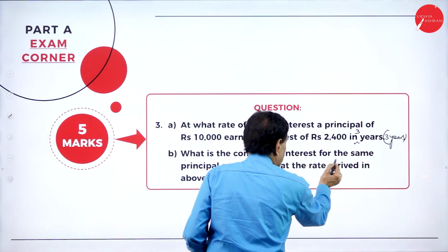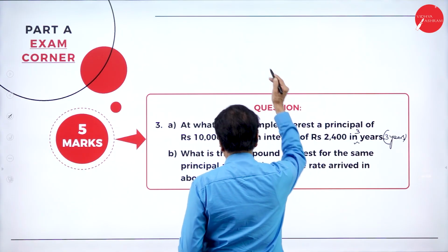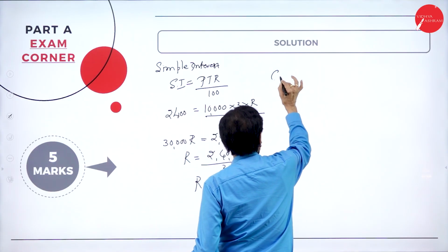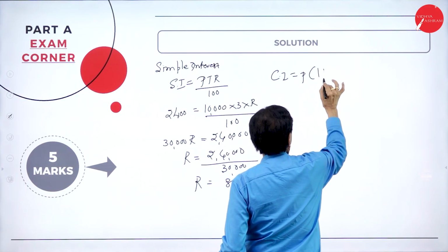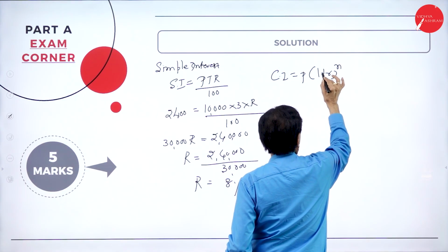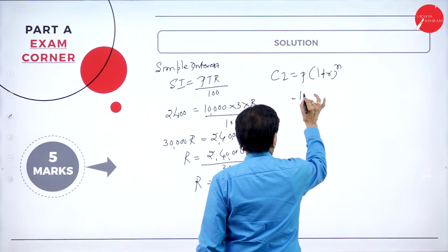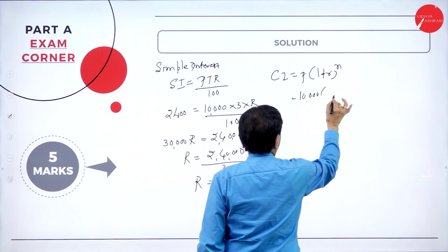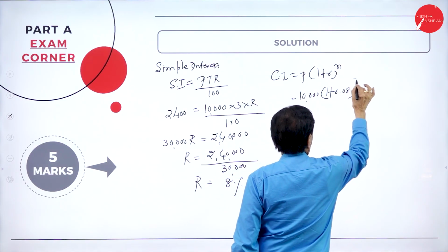What is the compound interest for the same principal and the time at the rate arrived in the above? Compound interest is equal to P into (1 plus R) to the power of n. What's your principal money? 10,000 into (1 plus 0.08) to the power of 3 years.